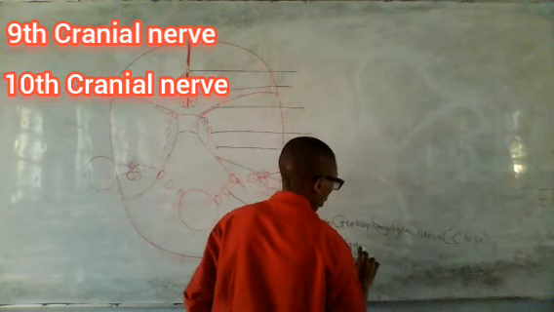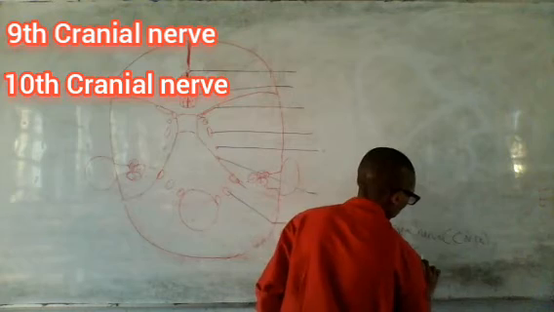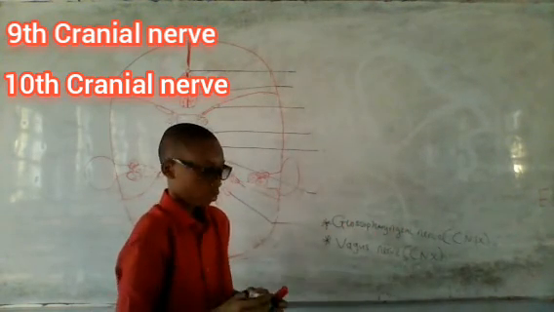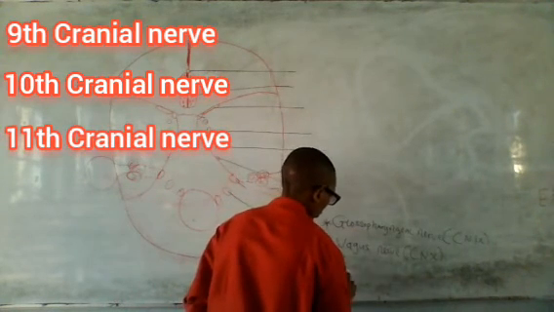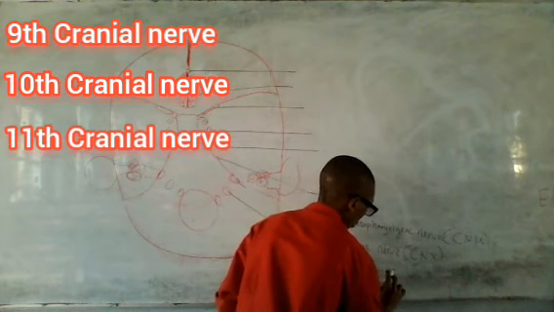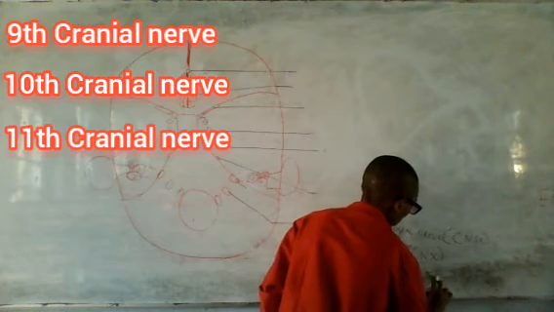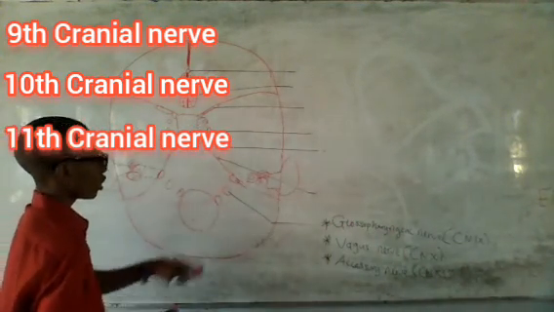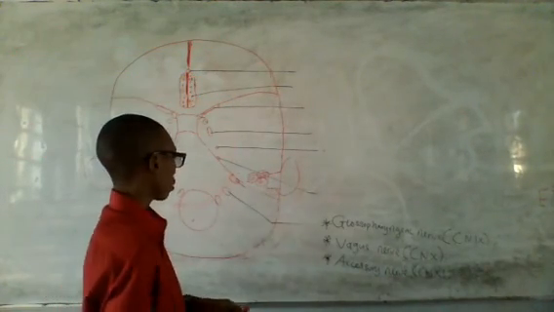It's a very popular nerve, which is the 10th cranial nerve. Then we have the accessory nerve. The accessory nerve is the 11th cranial nerve. So these are the structures that pass through the jugular foramen.